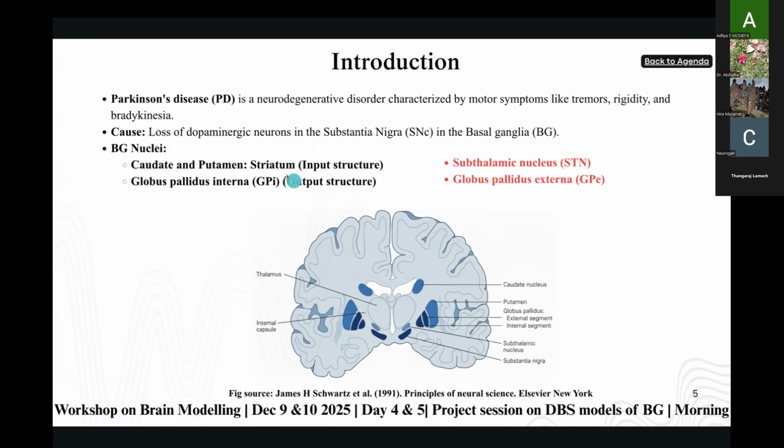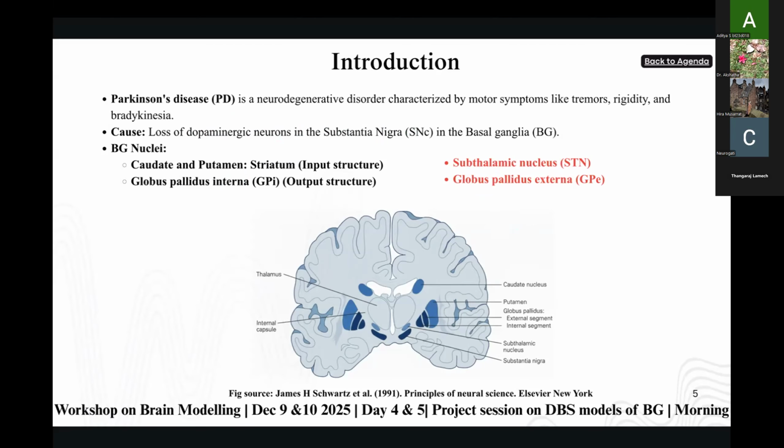And there is an output structure, which we call GPI or globus pallidus interna. Apart from these input and output structures, there is of course the substantia nigra pars compacta, which is basically dopamine producing neurons. And there are two other key structures, which are the subthalamic nucleus and globus pallidus externa. So these are the 5 very important structures which you keep coming back to all the time when you're having a discussion.